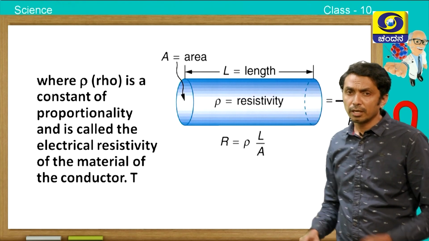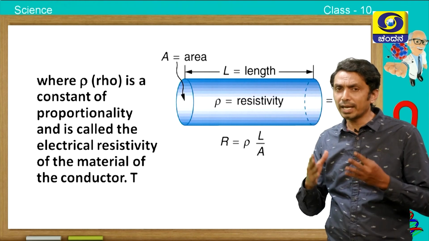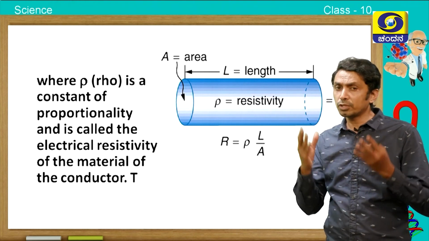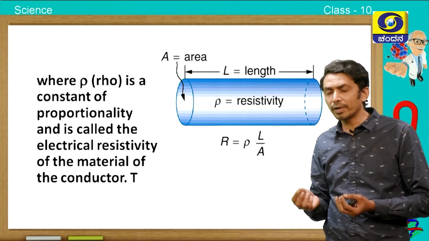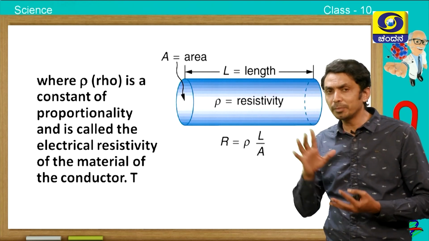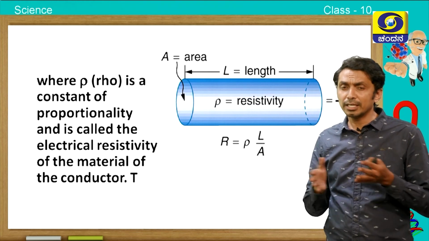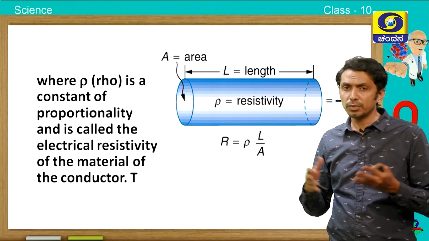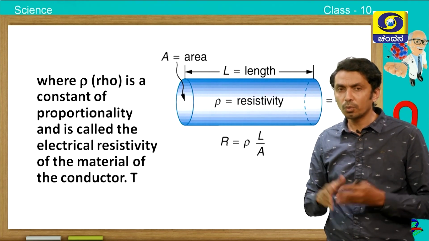That means I would like to give you one illustration, one example here. If you take an aluminum wire of 2 meter length and a copper wire of the same thickness but of 1 meter length, and compare their resistivities, it is very difficult to judge them on a common platform. Why?